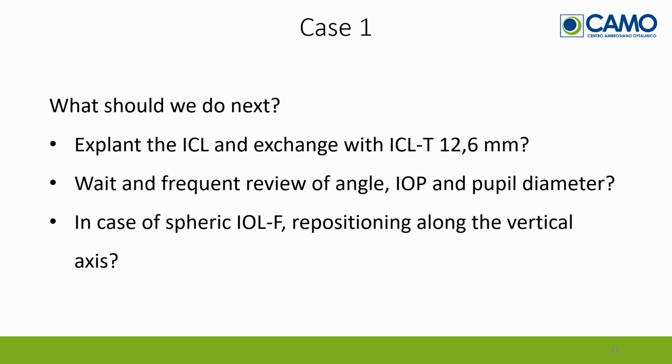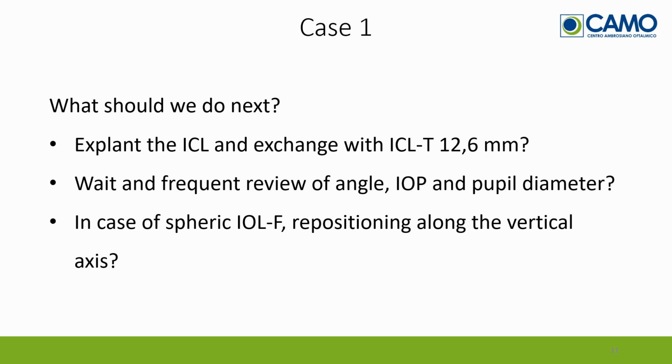We have 3 options. Option 1 is to explant the lens and exchange with a 12.6 mm lens, a smaller length. Option 2 is to wait and review the patient with frequent reviews, monitoring pressure, anterior chamber, pupil diameter.